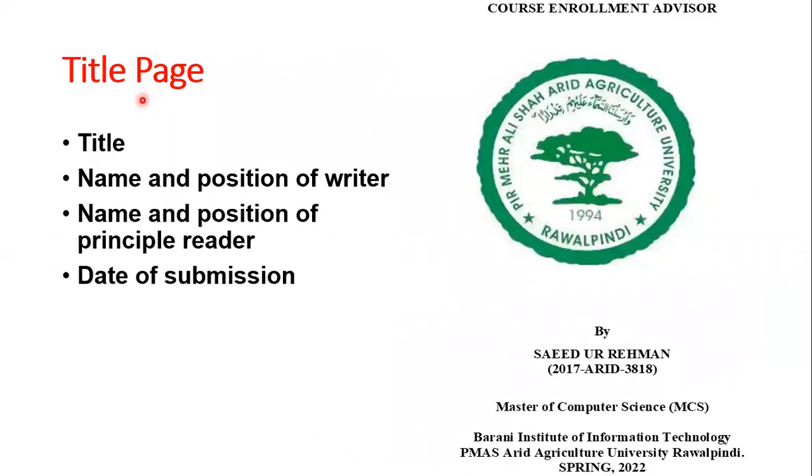Title page. The title page is the front page, and we first mention the title. Actually, it is a final project report of software engineering students. Fine. This is the title page. Course enrollment advisor. Fine.